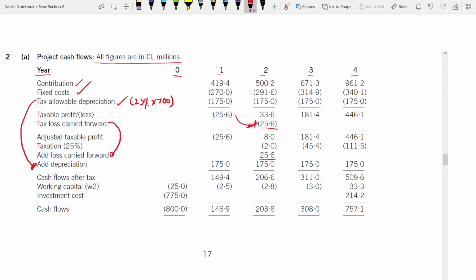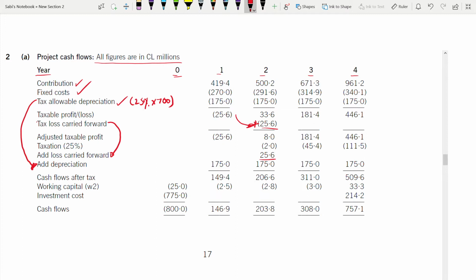So to convert this into cash, you have to add back your depreciation and all non-cash items. So losses carried forward is also a non-cash item, so you have to add it back. This is something new, because losses carried forward is not a question which frequently comes. Very recently it started coming. It was not there before in the very old past papers. But depreciation and all we have. Then we got our cash flows after tax.